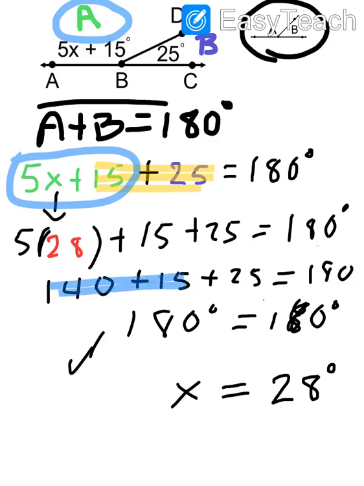So angle A has to be 155. So angle A equals 155 degrees. So notice how by finding x, you can also find A.